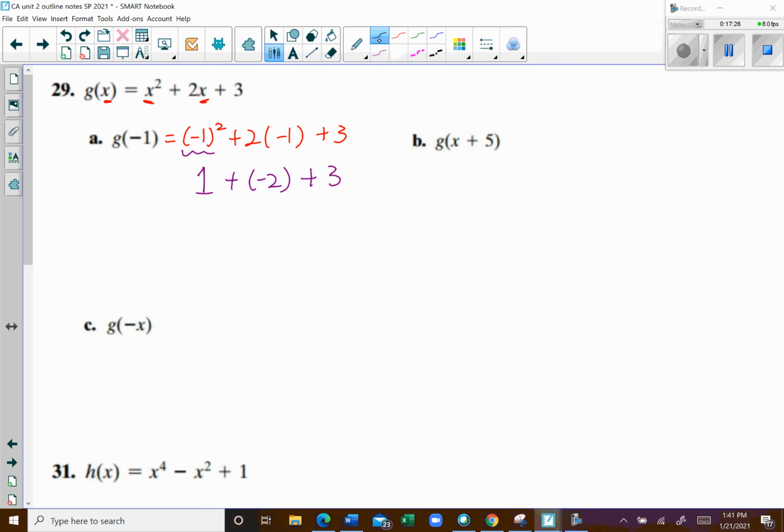And then now it's time to combine all these like terms. So 1 plus negative 2 is negative 1. And then negative 1 plus a positive 3 will come out as a positive 2. So our final result is positive 2. So just go from left to right. 1 plus negative 2 is negative 1. Then plus 3 gives me that positive 2.